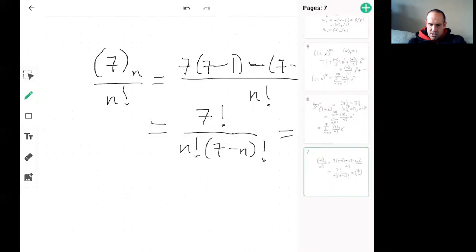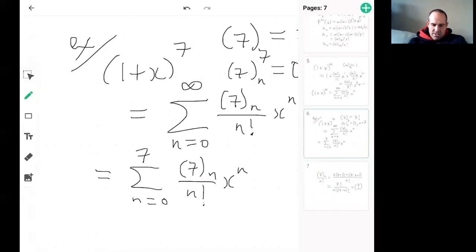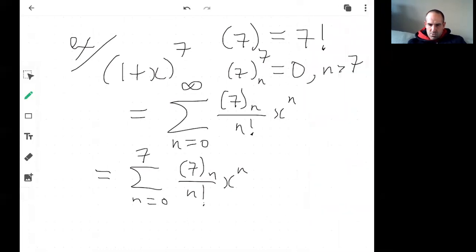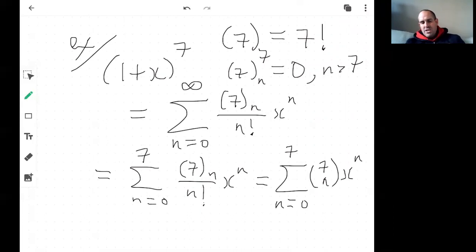That's amazing. So if I go back to this guy over here, what is this? Well, this is just equal to the sum n going from 0 to 7 of 7 choose n, x to the n, which is exactly what we already knew from the binomial theorem with integer powers.